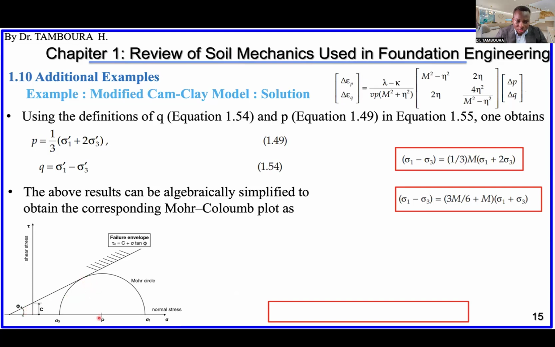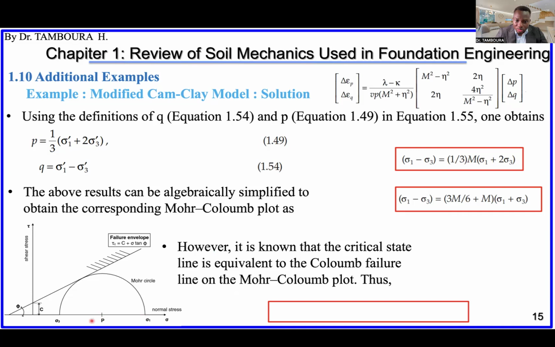The opposite side divided by this, okay? So this is the Mohr-Coulomb. As I said, the critical state line is equivalent to the failure envelope of this Mohr-Coulomb, okay? So we can write something like this.